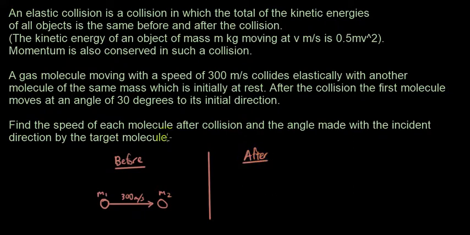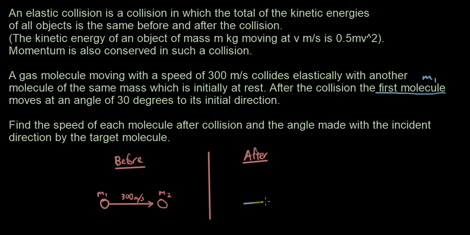After the collision, I'll use a different color. After the collision, the first molecule, M1, which actually refers to the mass of it, is now moving at an angle of 30 degrees to its initial direction.